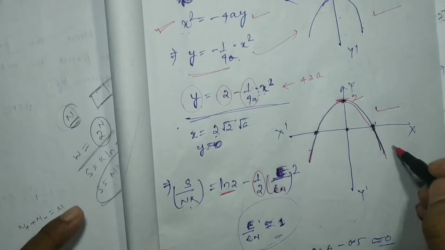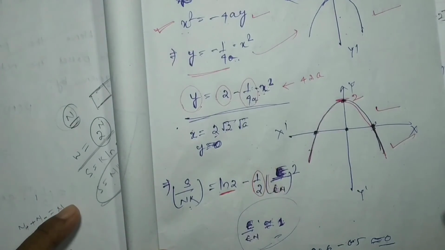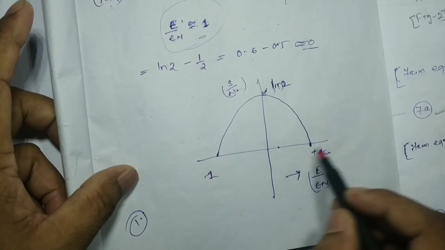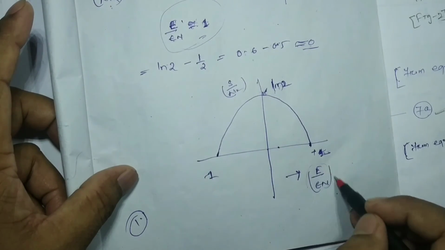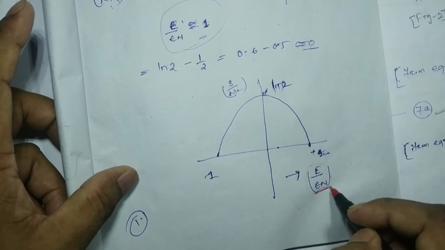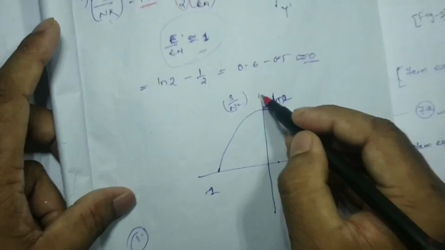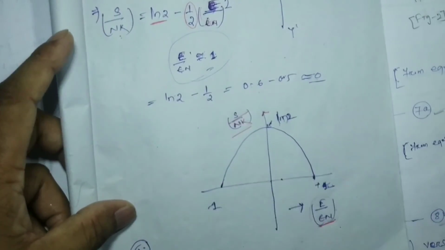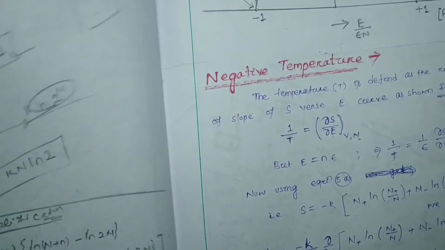So what will the graph be? Like this. Got it? So along this x axis we have considered E by epsilon n, and along y-axis we have considered S by nk, whatever here it is drawn.